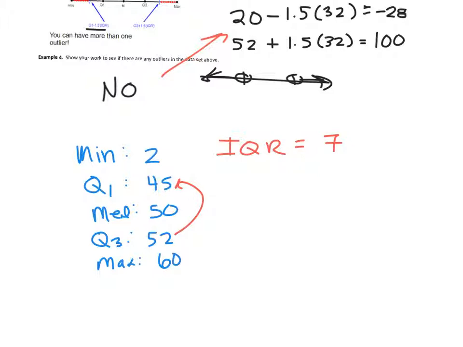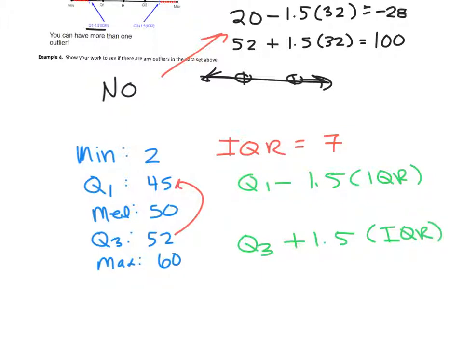So I'm going to do Q1 minus 1.5 times the IQR, and then Q3 plus 1.5 times the IQR.